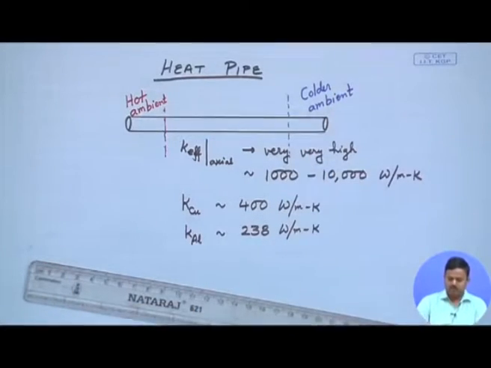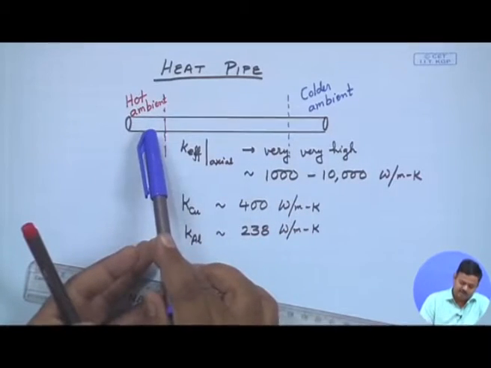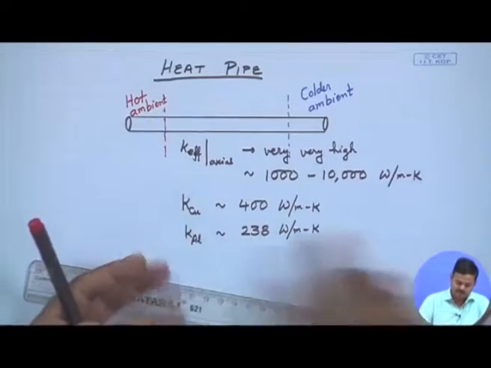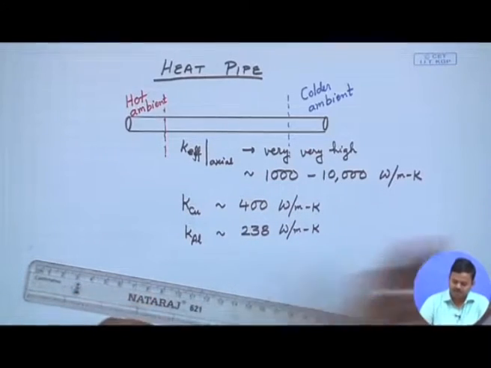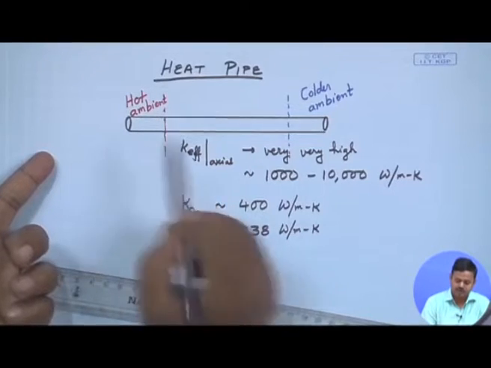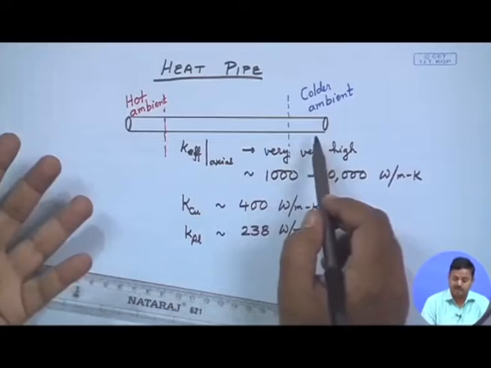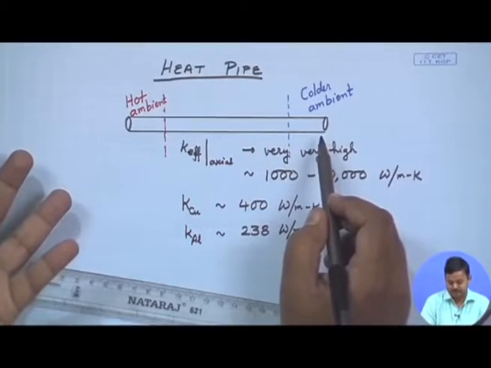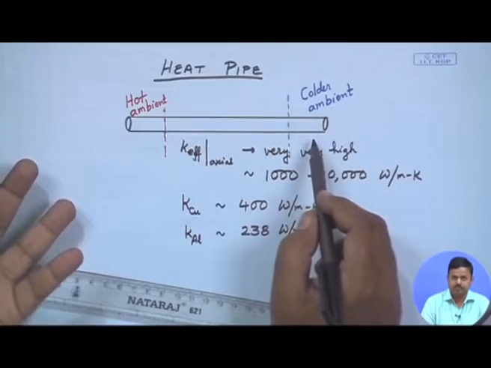And what I want to do is transfer some of the thermal energy present at the hot ambient to the other end, where it is cold and we want to heat it up, or we want to utilize the thermal energy at this point.